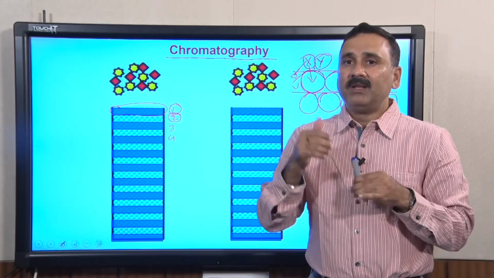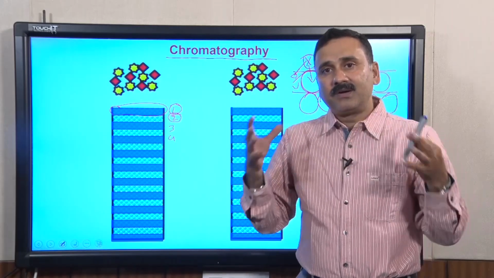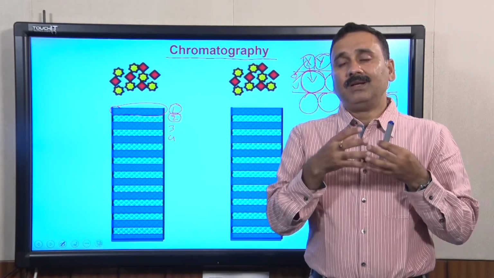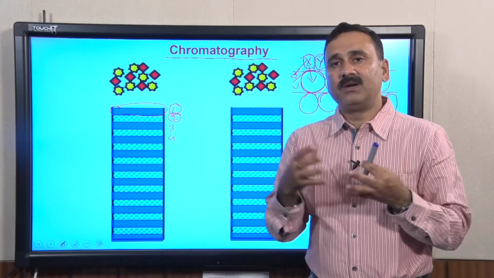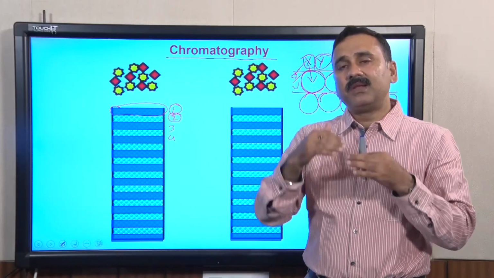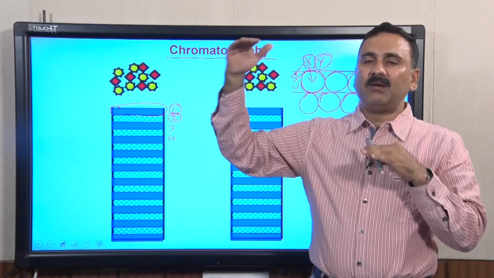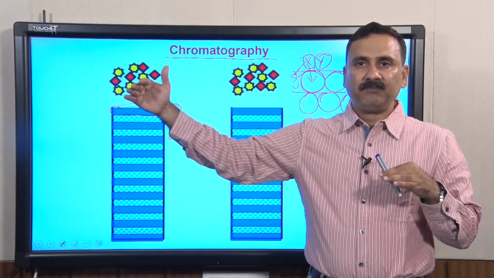That is why, if you have hundreds of molecules, they will experience hundreds of distributions, and as a result you will see that molecule A is separated from molecule B.